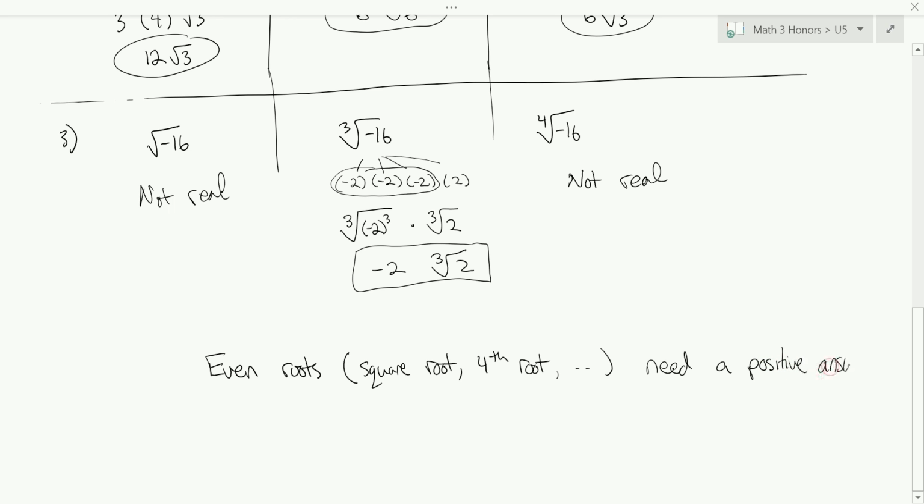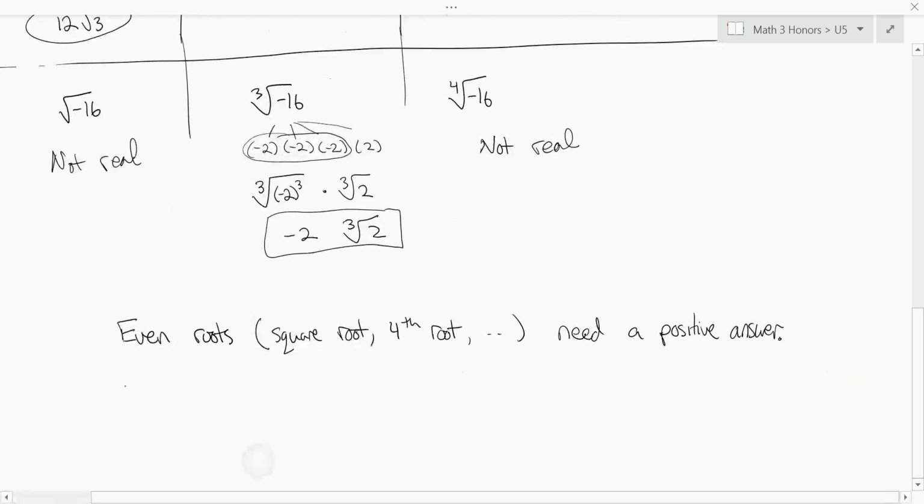Okay, so that's going to be important to remember. Whereas odd roots, so the third root or the cube root or others, can give you a positive or negative answer.